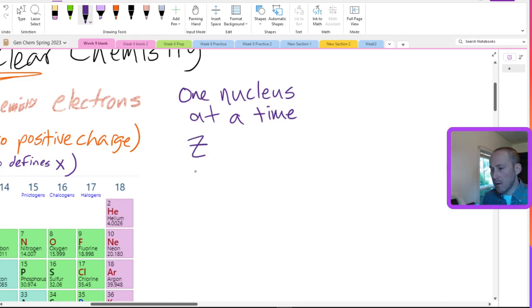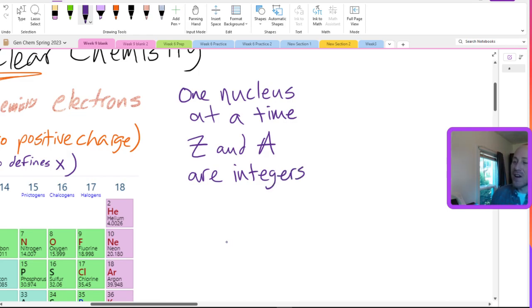Z and A are integers. Z and A, in our nuclide notation, are never going to be these average numbers. They're going to be integers.